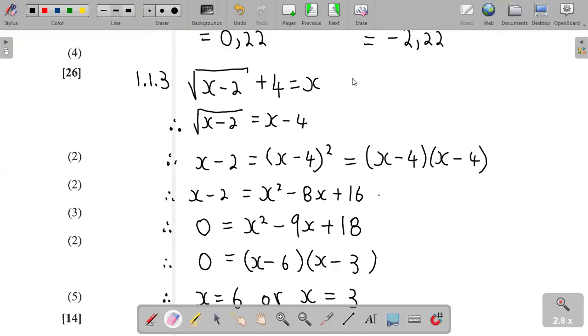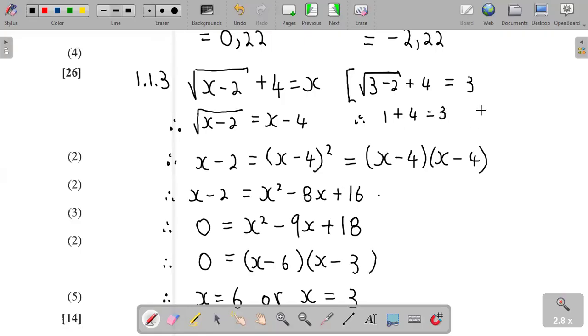So watch this. If we say x equals to 3, it's going to be like this. It's going to be square root of 3 minus 2, and then plus 4 equals to 3. Okay, because wherever there's x, we have to substitute 3. So this would mean that 1 plus 4 equals to 3.